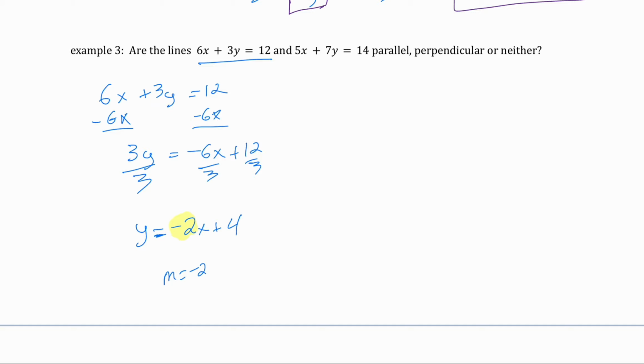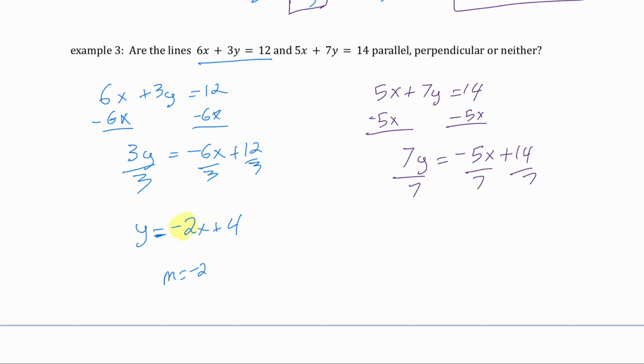So for the slope of my other line, I'm going to take my 5x plus 7y equals 14. And I'm going to do that same thing where I get it in that y equals form. So I'm going to subtract 5x from both sides. We have 7y is equal to negative 5x plus 14. And divide both sides by 7.